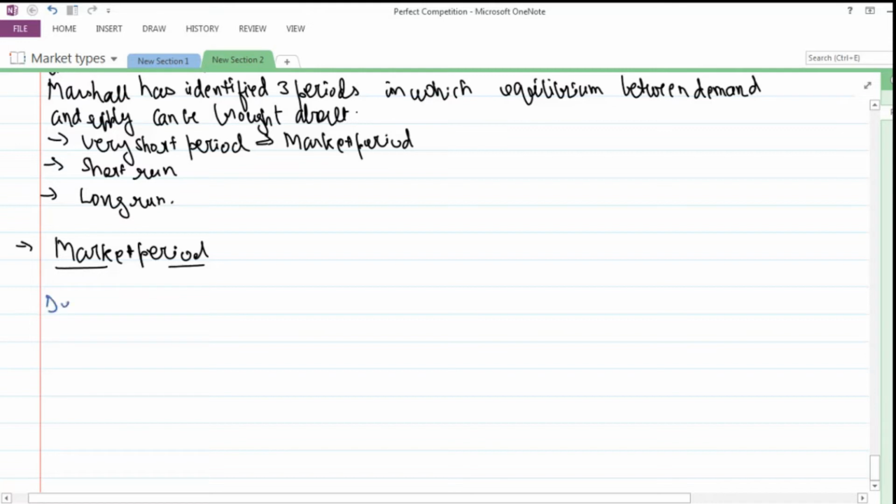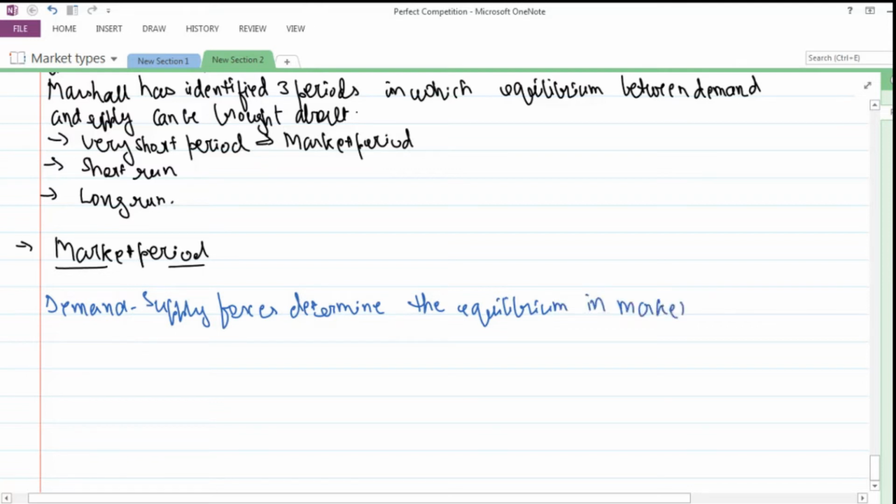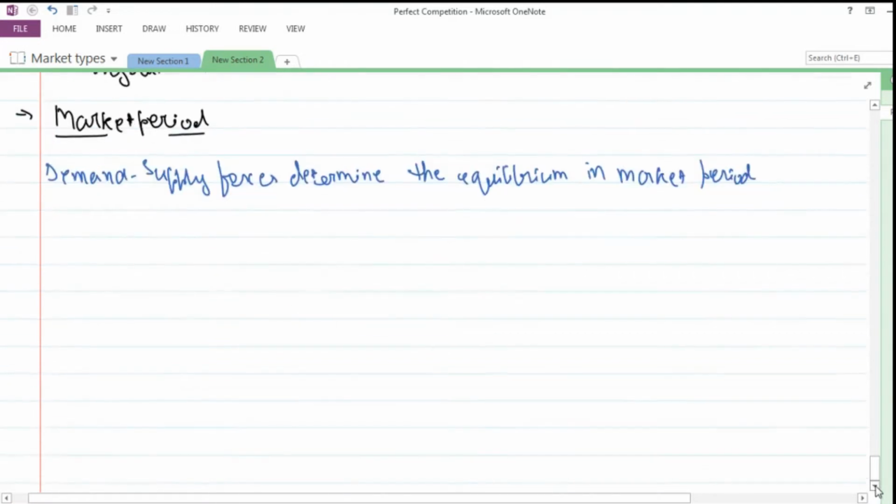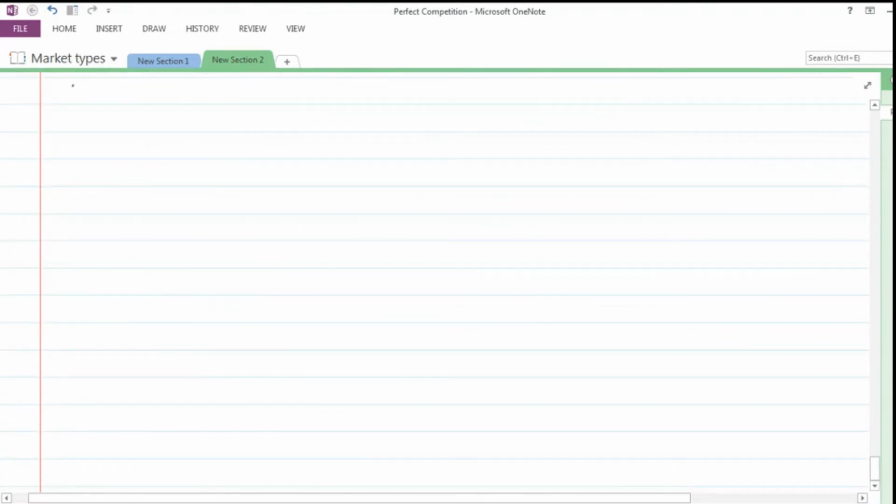So demand and supply forces determine the equilibrium in market period.